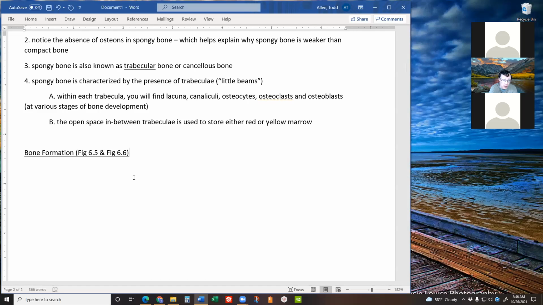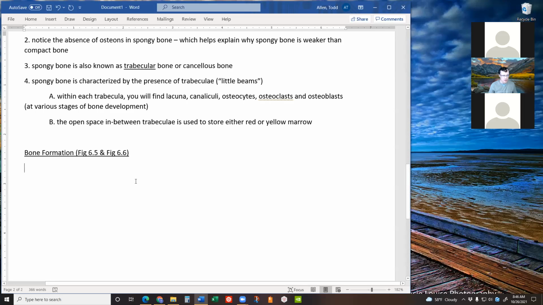A weather model helps to explain and make a prediction about weather patterns, but they're not always right. These are models of bone formation. We know some things about bone formation, but there are some things we don't know. So take the information here with a little grain of salt, because let's be honest, science is not perfect. We don't know everything.